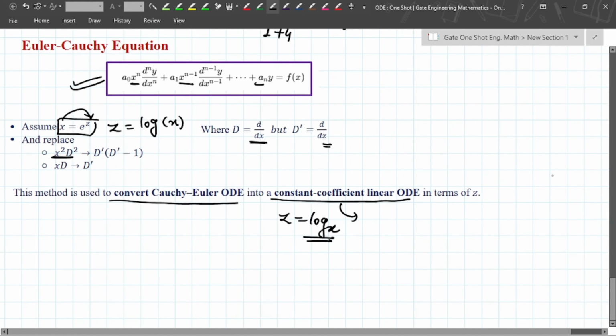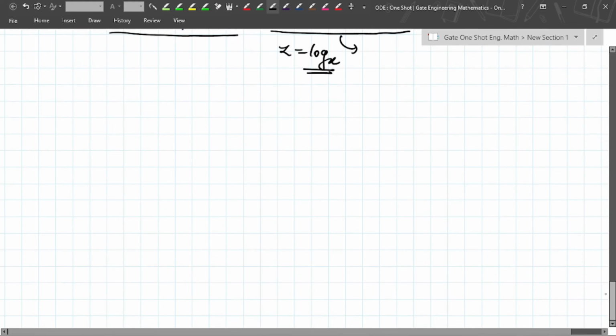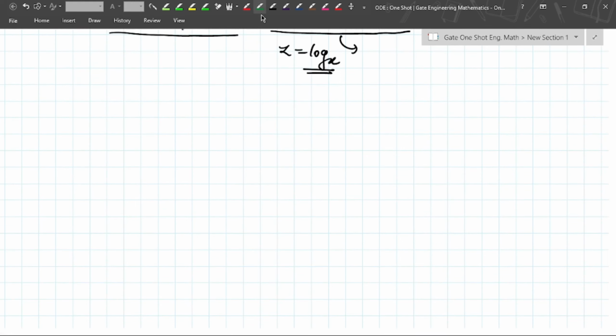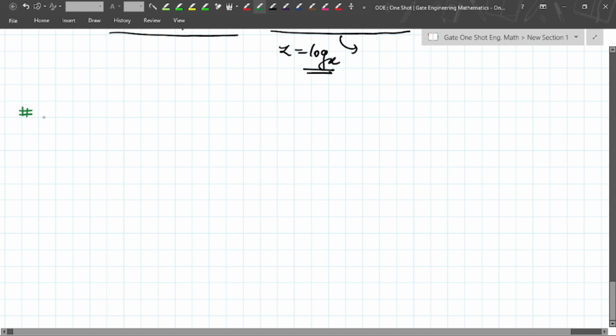So these are all about the solution and the basic concept of differential equations. One thing is that questions arise related to IVP and BVP, which means initial value problem and boundary value problem.